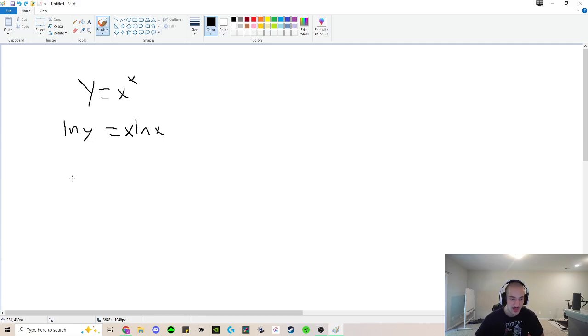Derivative of the left-hand side: what's the derivative of ln? Right, it's going to be 1 over y, times the derivative of the inside, which the inside here is y, so we're going to have y prime.